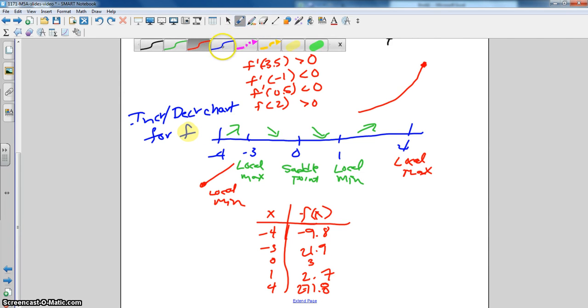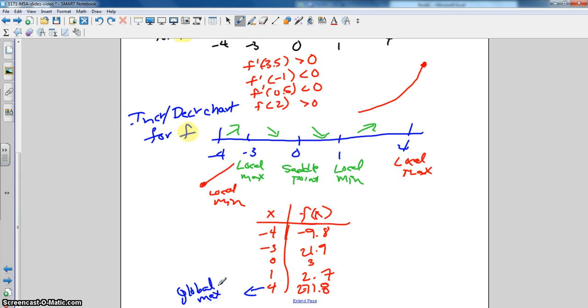Now I need to classify one of these points as a global max or global min value. The global max is the most positive value, and that actually occurs here. So this is where my global max occurs.